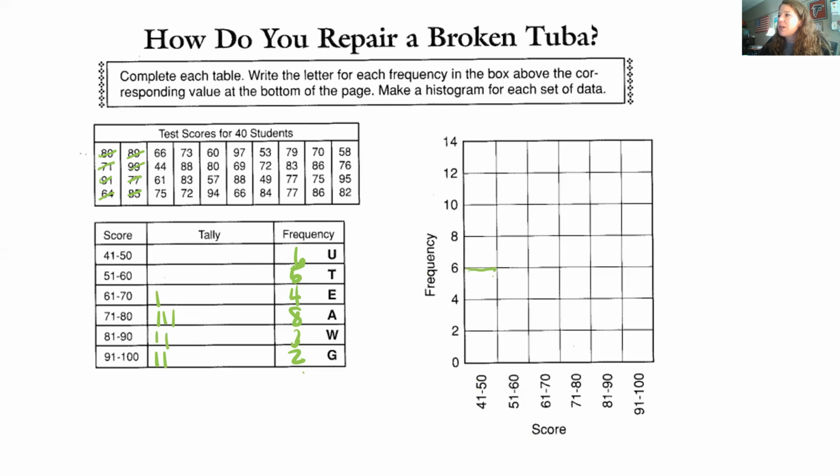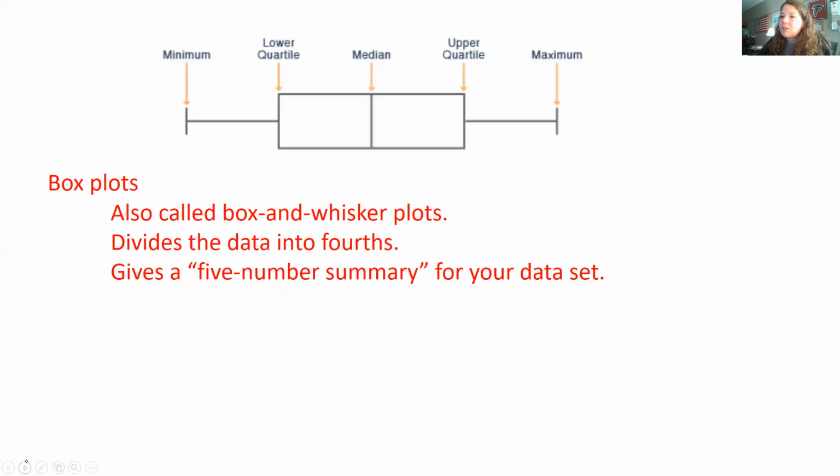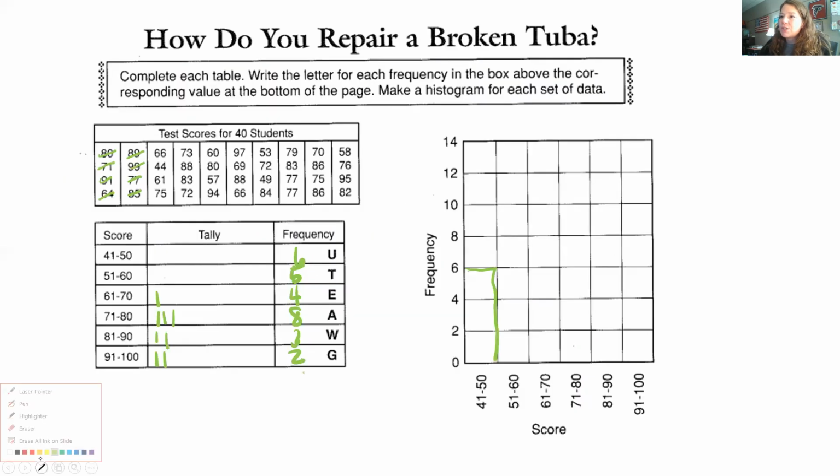You're going to go up here to the number 6, and you're going to shade this in. If you don't have different colors, you could use stars in one, circles in one, lines that go this way through one. But anyway, you want all of your bars to look a little different. And then for the next one, I can just change colors.